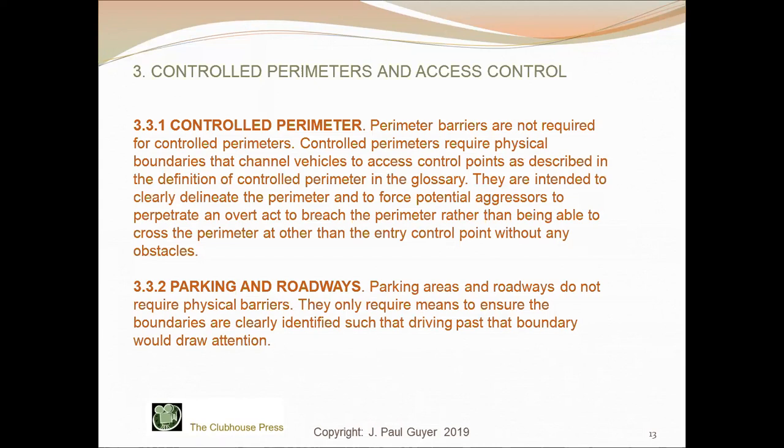So a controlled perimeter can utilize fences and walls and things like that, but it may also have less formal obstructions, if you will, and the roadways just go in a certain direction.